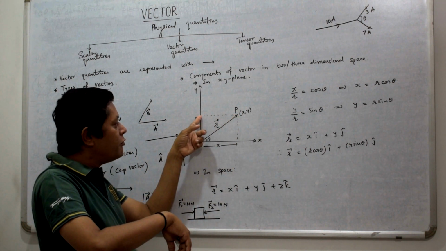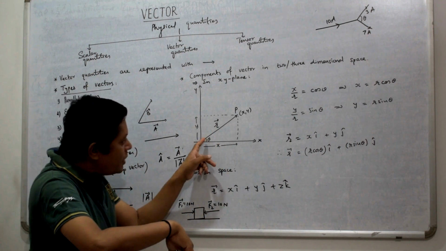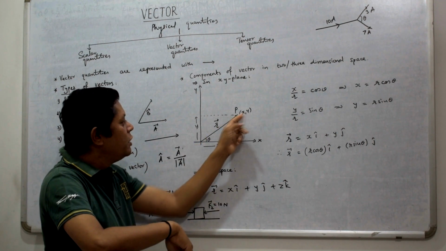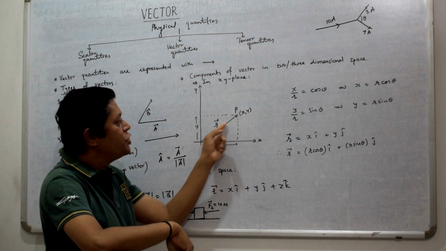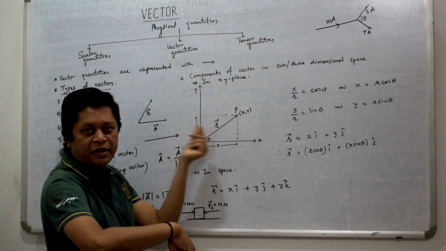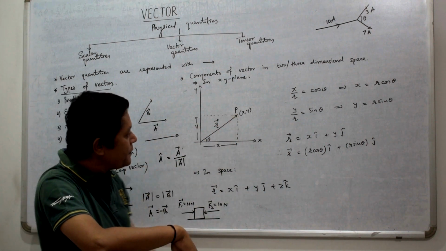If you take the intercept on the y-axis, this distance is equal to y. If we represent the position of this particle with respect to the origin, this indicates the position vector, represented by the symbol r. Position vector r represents the position of point P in the xy plane.